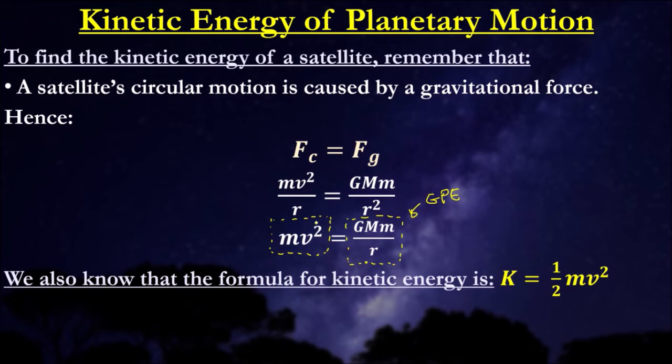Now, what you have here is twice the amount of kinetic energy, so 2k. Okay, so if I was to substitute kinetic energy into here, I get 2k equals big G m over r, and I divide both sides by 2.